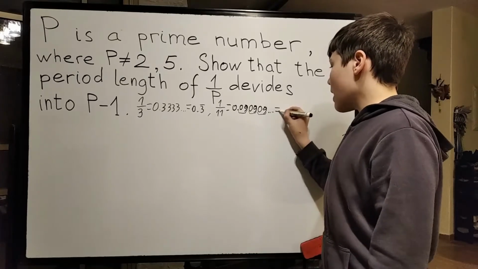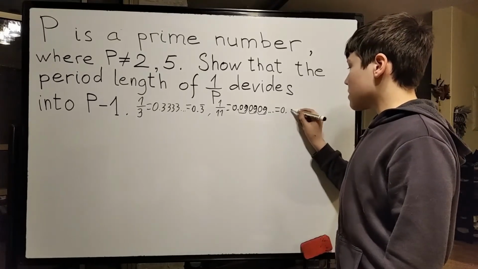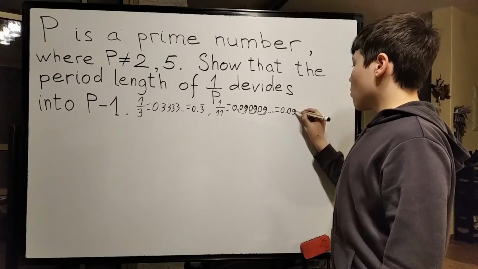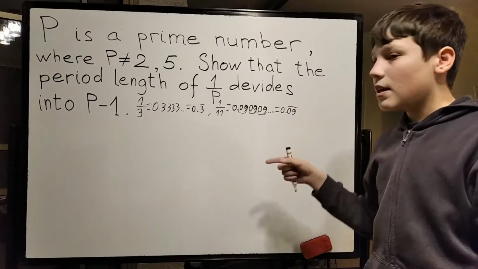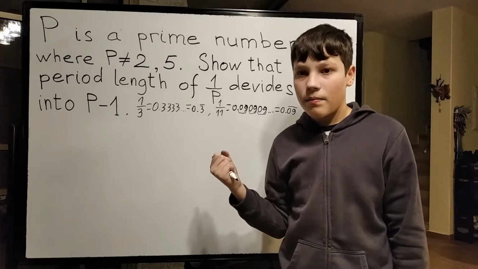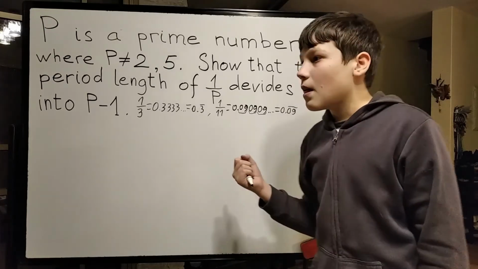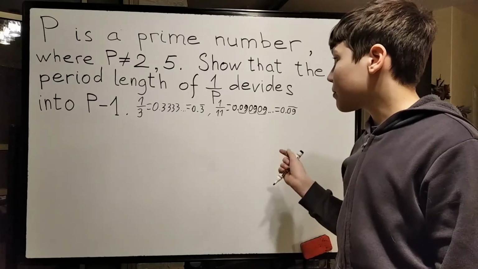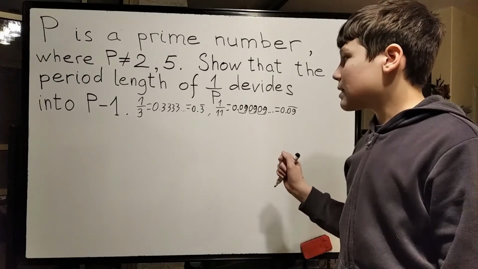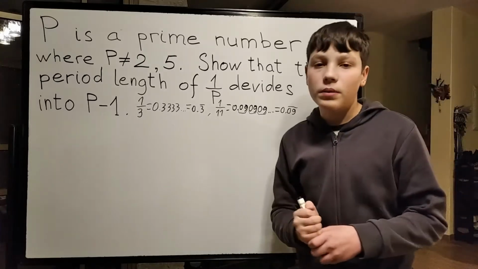And we mark that as 0.09 with the line above the entire thing, indicating that 09 is the thing repeating. So that's pretty much it for a period length.